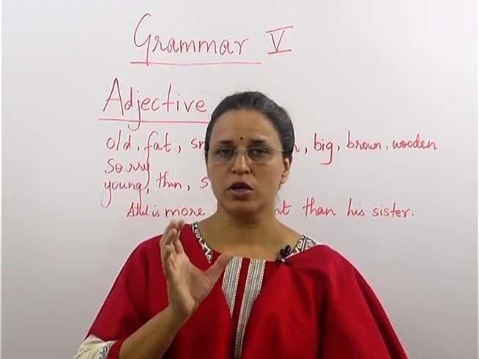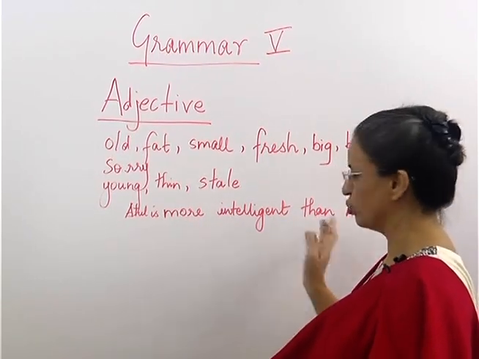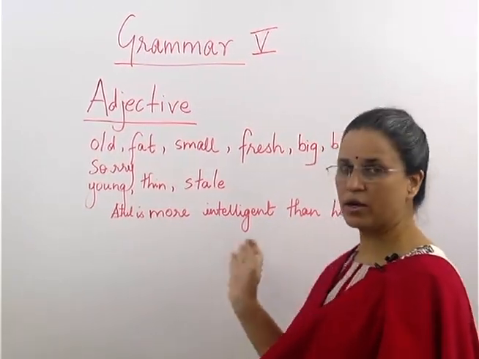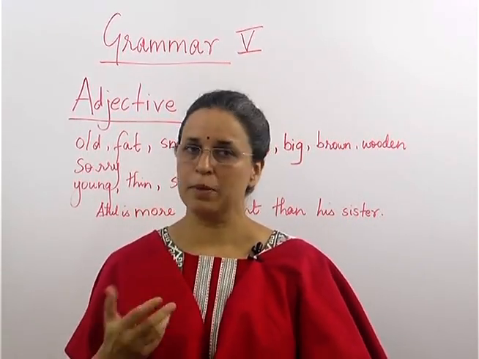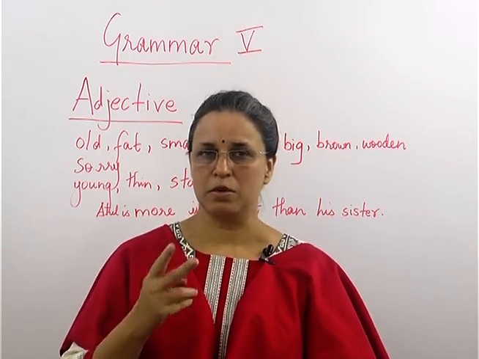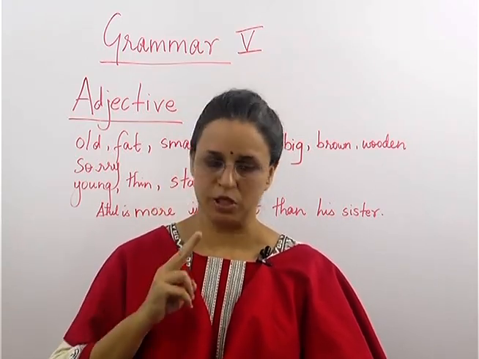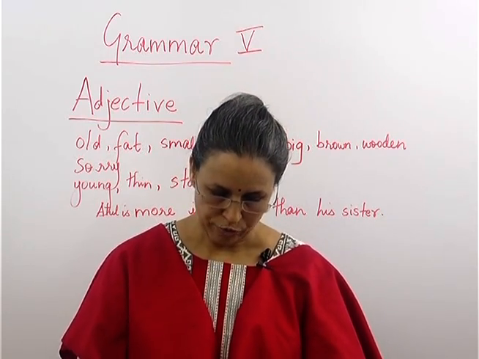So, these big words we use more dash than, like more beautiful than, more handsome than. But if it is a short word with only 1 syllable, like big, big is small syllable, or maybe 2, pretty, pretty, 2 syllables are there. We add ER instead of more.